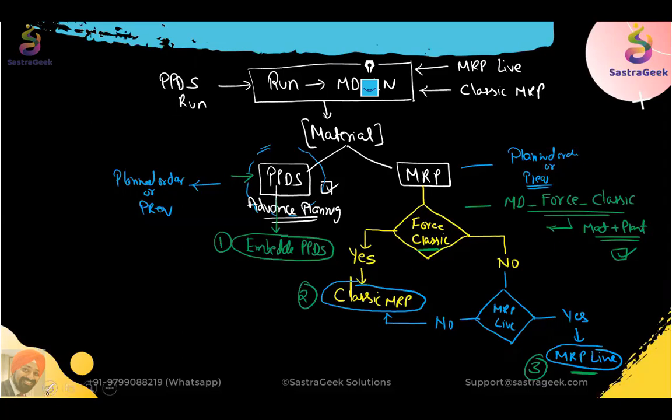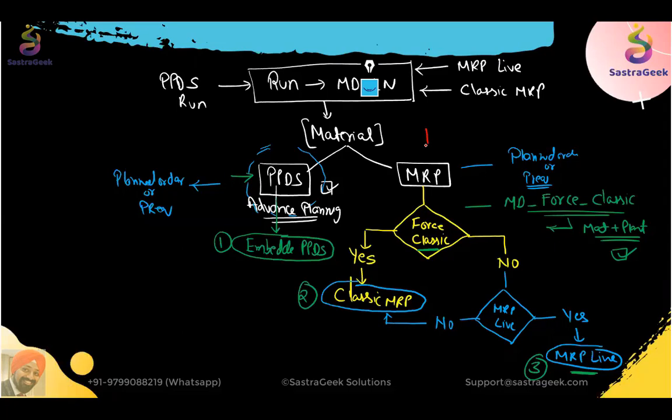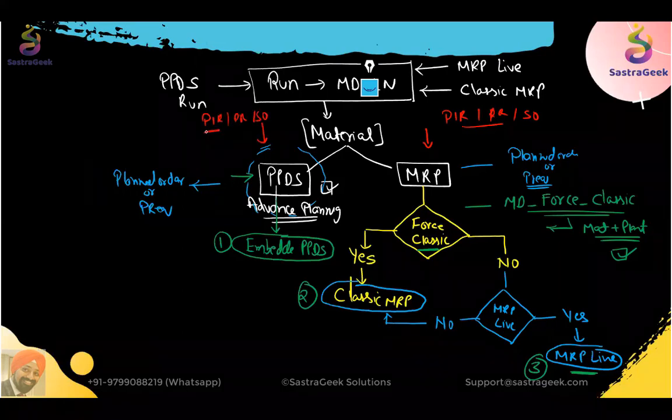What is the input we take for MRP? Input would be your PIRs, purchase requisitions, stocks, sales orders. Same way, the same input would be there for PPDS: PIR, PR, SO. Now from where is this PIR coming?